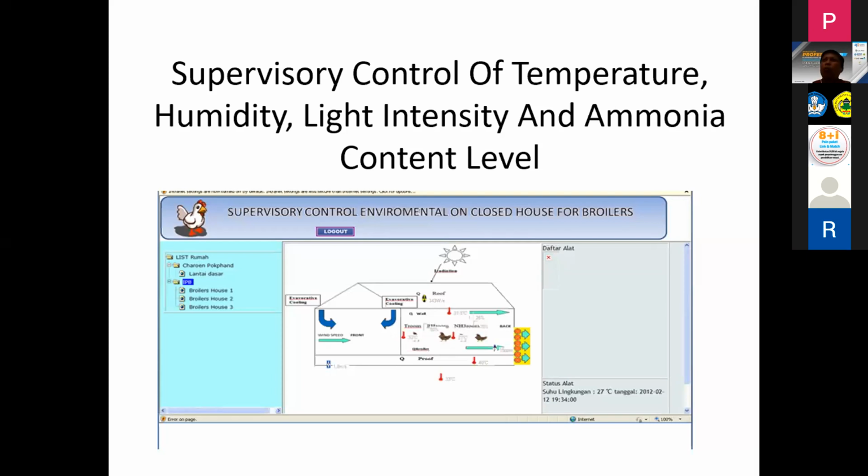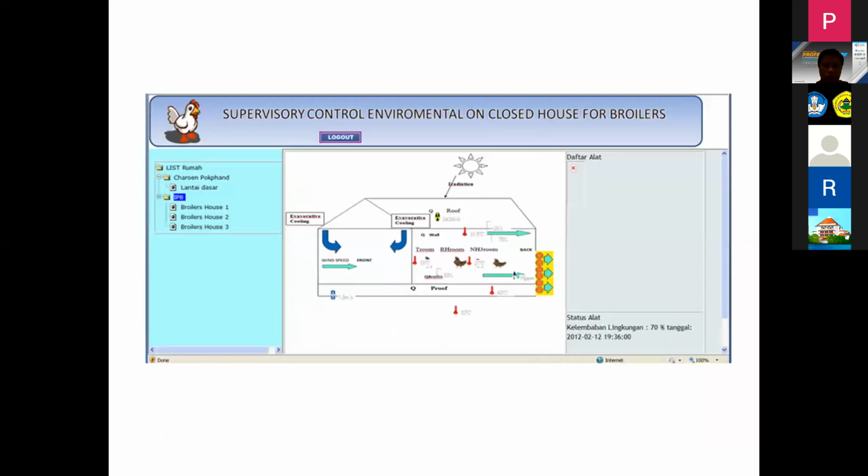Broilers grow in one month with monitoring, but without monitoring or control, maybe they grow in 2 months. This is one of my research novelties. This describes my research, controlling the environment of the closed house for broilers.